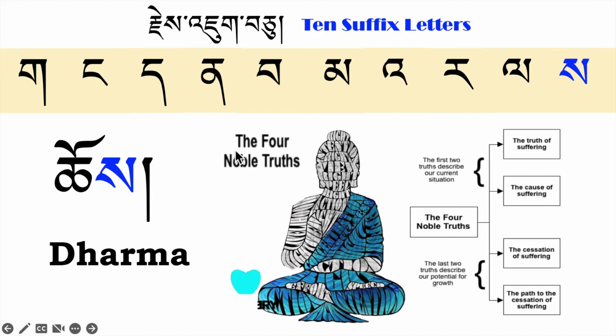When Buddha gave his first teaching, called the Four Noble Truths, you can see here the truth of suffering, the cause of suffering, the cessation of suffering, and the path to the cessation of suffering. These are called the Four Noble Truths. That's why whatever teaching Buddha gives is based on truth, and that is the meaning of che.